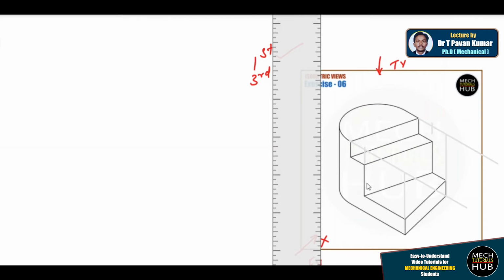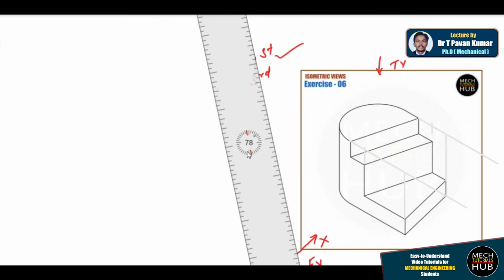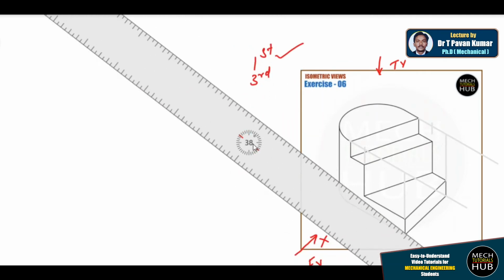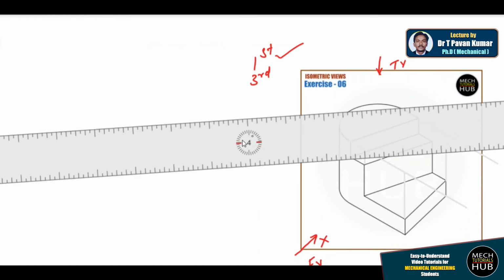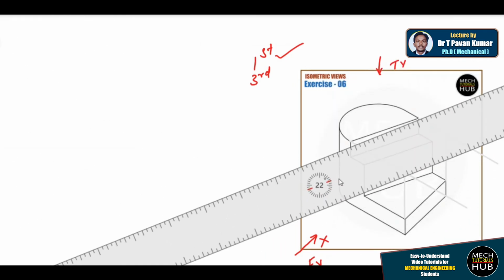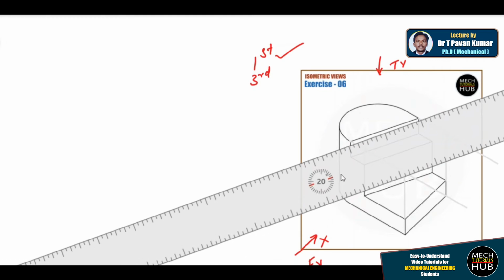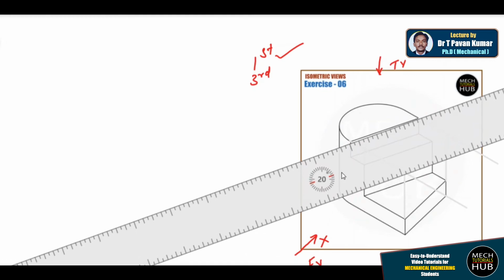Now I need to join these two intersections, followed by these two intersections, to get the final top view. For that I'll rotate the scale and align with the existing inclined lines. I just match with this line. Now it is purely matching. This is completely visible. So now I'll take one HB pencil and draw this line.